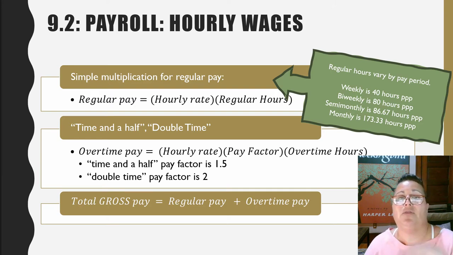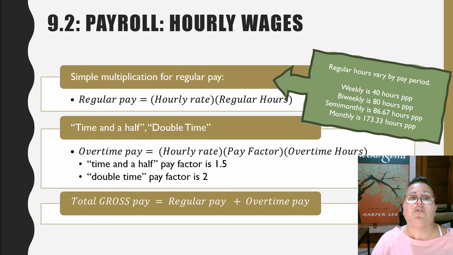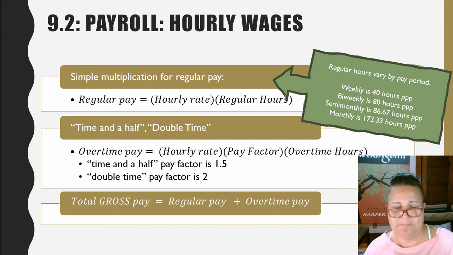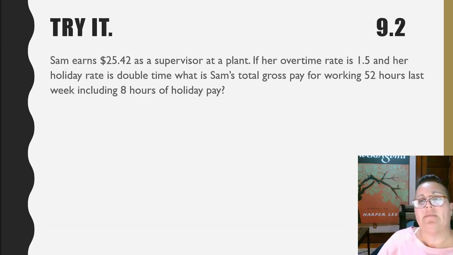That doesn't meet the threshold of 80 hours for overtime pay. Most of the time we think anything over 40 is overtime, but it can depend upon your pay period and the way your employer has things structured. Okay, just be aware.